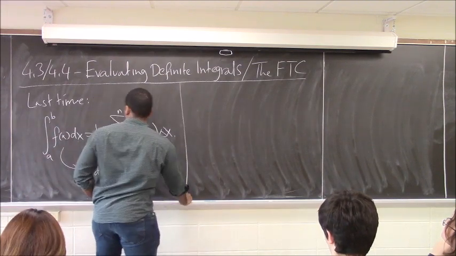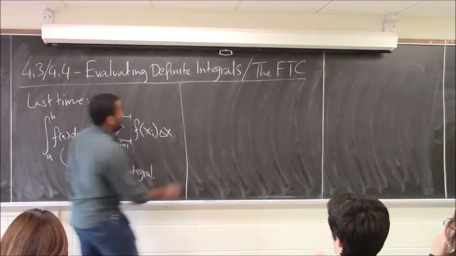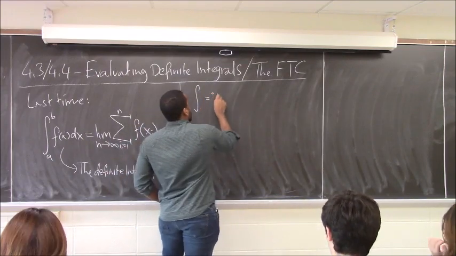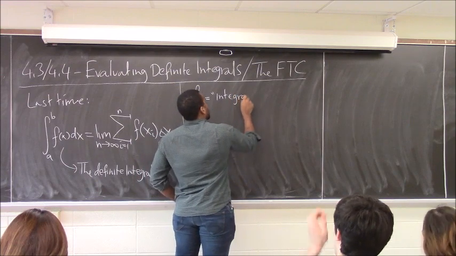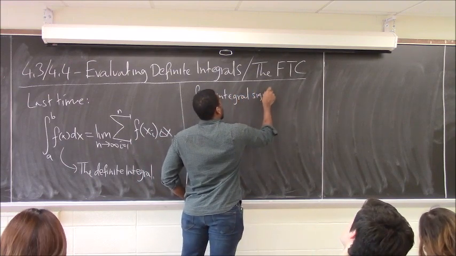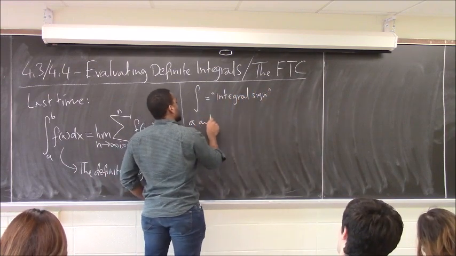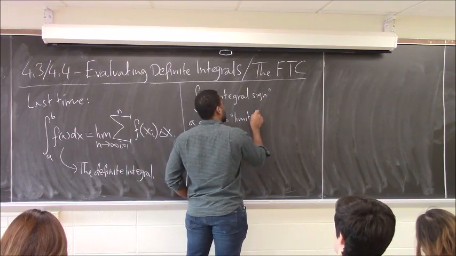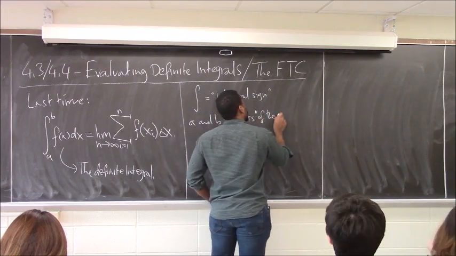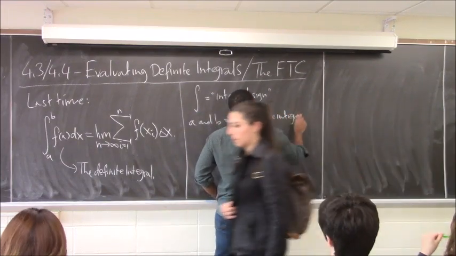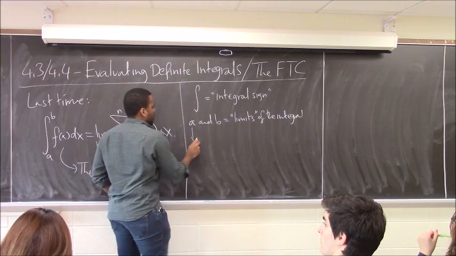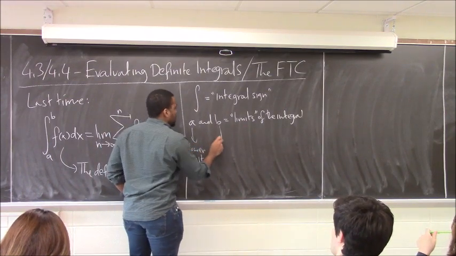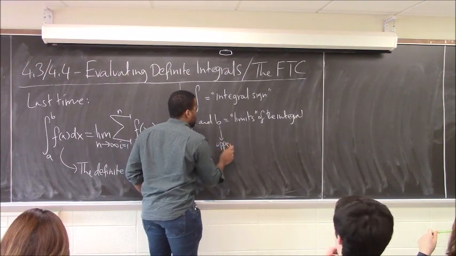Other than that, maybe some other phrases that you'd want to know. This notation, as I said, comes from Leibniz. It's been called the integral sign. The a and the b in this case, these are called the limits of the integral, where a is called the lower limit, and b is called the upper limit, respectively.